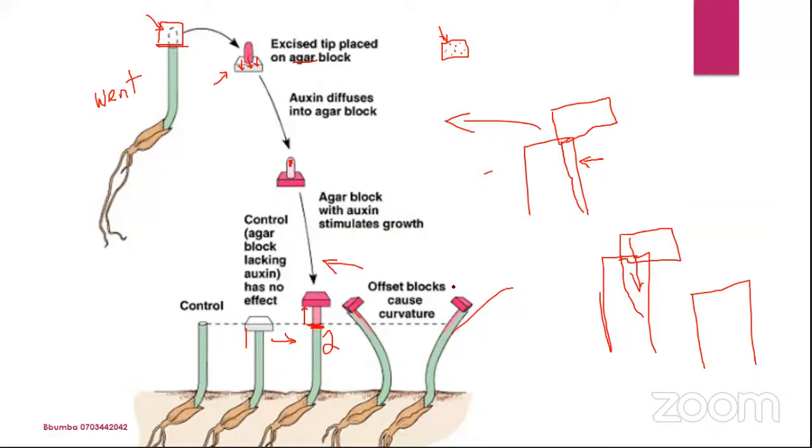It bent there. So it means that it is auxins from the tips which are responsible for making the seedlings elongate. Okay, what have we understood?